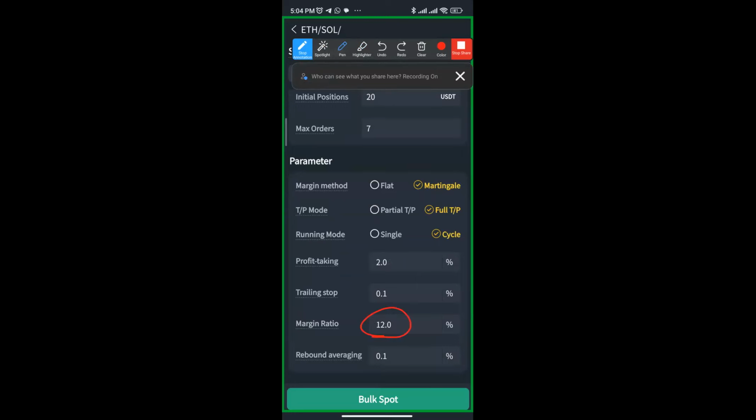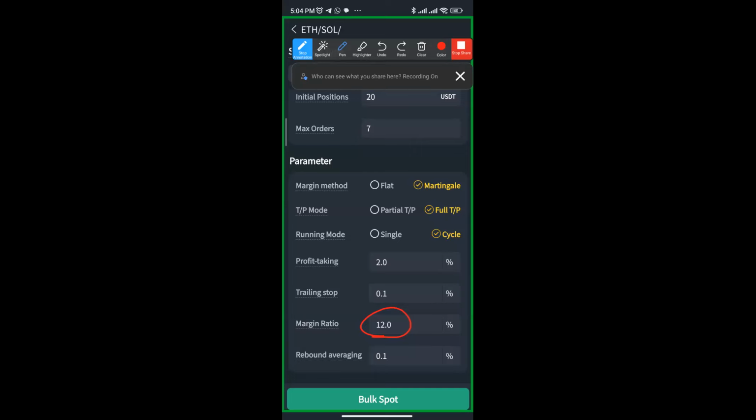So the robot is saying that for every 12% drop, it will come into the market and buy some assets for you at a reduced price. So for every 12%, in this case, it will buy in for you. So that's what the DCA does.